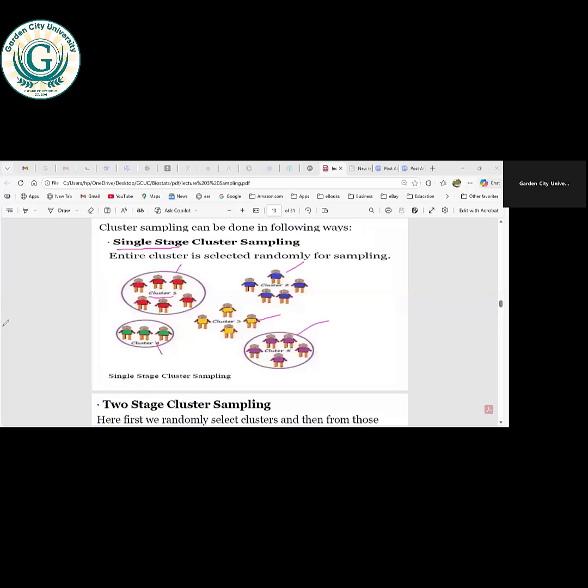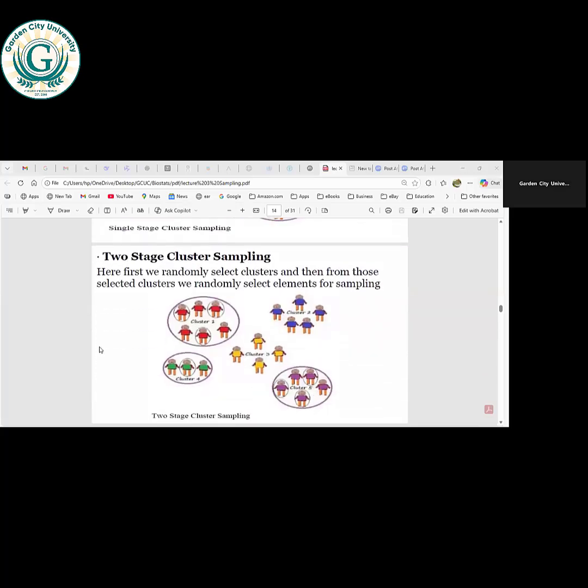On the other hand, let's say you are going to use two-stage cluster sampling. After doing the single stage, you do not end there. You go into the cluster and then do another selection.